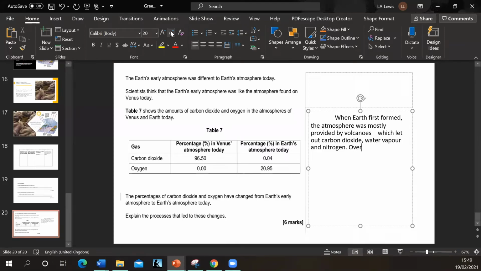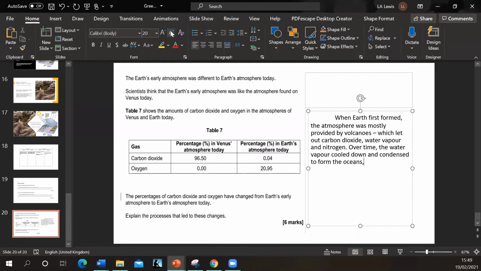Over time, the water vapor cooled down and condensed to form the oceans.